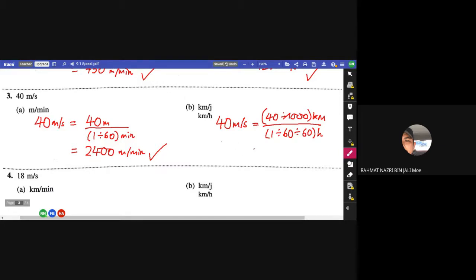What is the answer? Direct to the point, yeah? You press calculator, open bracket, 40 divided 1,000, close bracket, and then divided by, open bracket, 1 divided 60 divided 60, close bracket. So we get 144 kilometer per hour, correct.